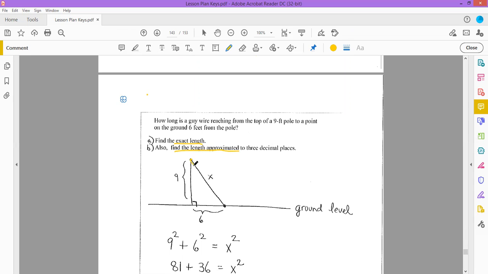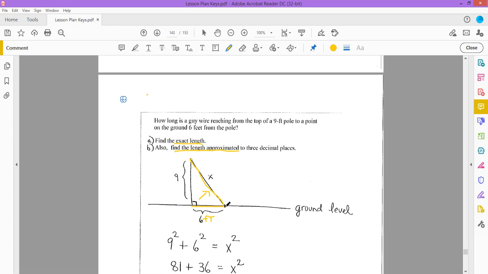So here's the height, and this is the point on the ground that's 6 feet. So we're given this length of 6 feet from that stopping point. We know that we have a 9-foot height. So here's our height of 9 feet. We know we have this length across of 6 feet, and we want to know how long this wire is.